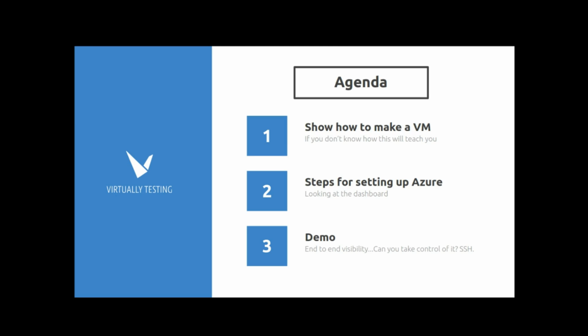So this is what I'm going to do. I'm going to show you how to make a virtual machine. Now, a virtual machine is different than a cloud virtual machine, right?